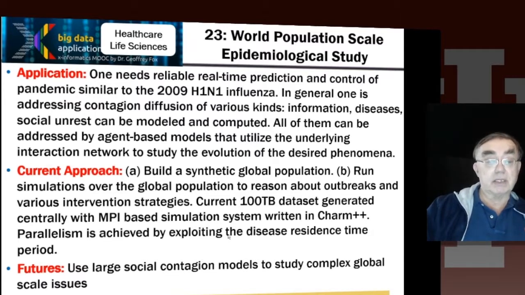To do this, you actually need to have a synthetic population, because you don't have real people. You would probably be forbidden from using real people on privacy issues, but you also don't have the data on real people. What you do is have a lot of averages from census information and things like that. And so their approach is to build a set of people which effectively reproduce the averages.